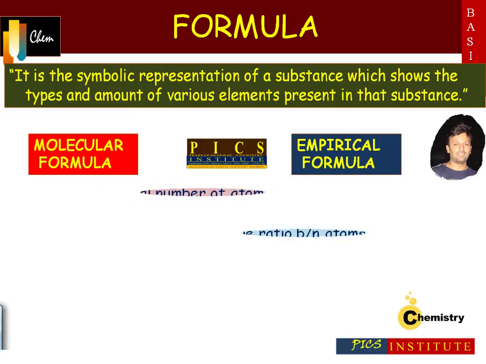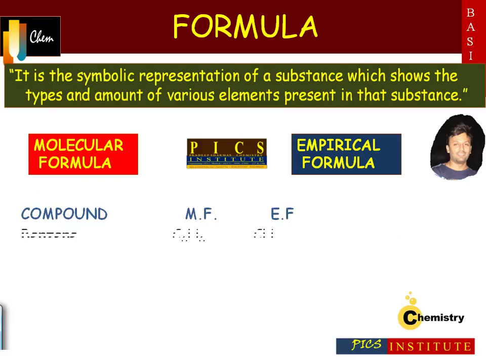For example, let's take the example of benzene. Its molecular formula is C6H6. That is, it tells us how many atoms are actually present in one molecule of benzene, that is 6 carbon and 6 hydrogen, and its empirical formula is CH, meaning the simplest ratio.